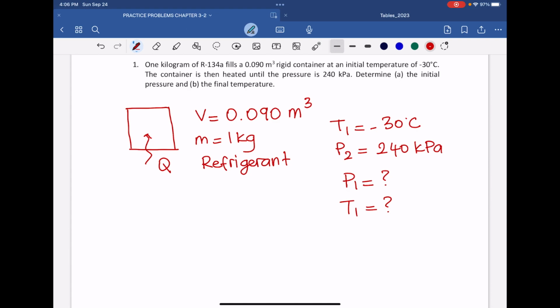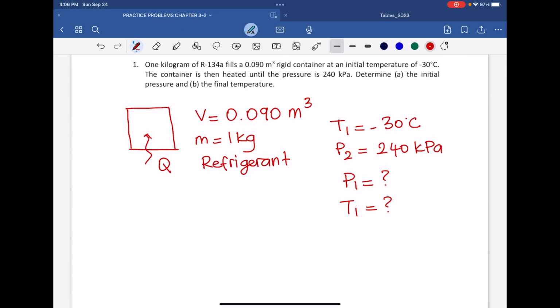So about the first state, they give us temperature, and they didn't give any other specific property that would help us to look at the tables, but they give us volume and the mass, and I should be able to calculate the specific volume from there.